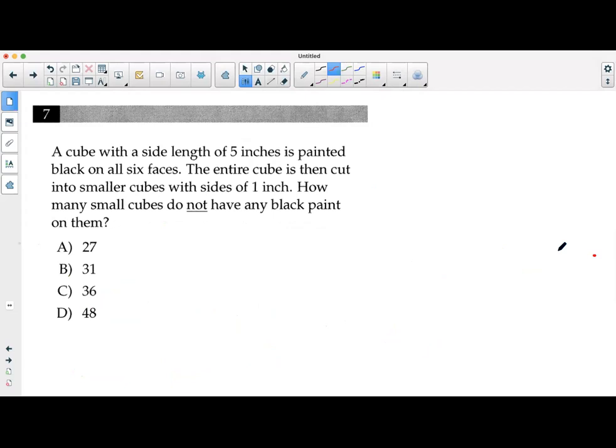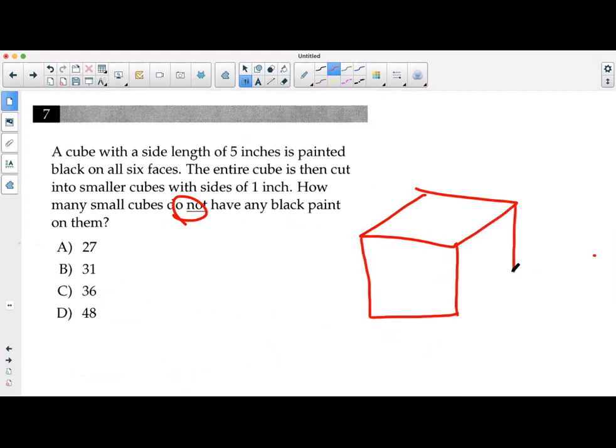And then the entire cube is cut into smaller cubes with a side length of 1 inch. How many small cubes do not have any black paint on them? So in fact, imagine I have a 5 by 5 cube, but the outer layer will all be painted black.